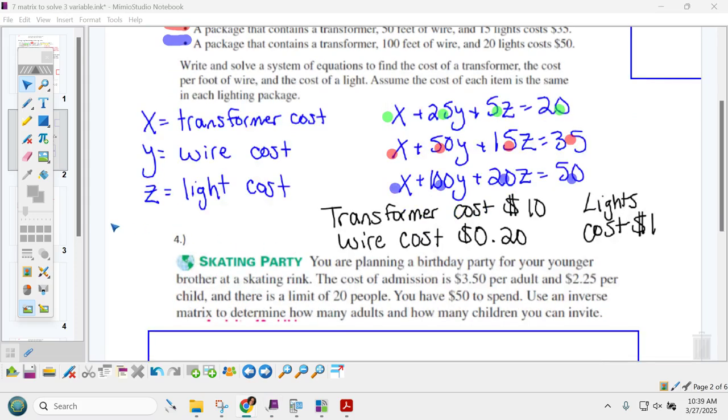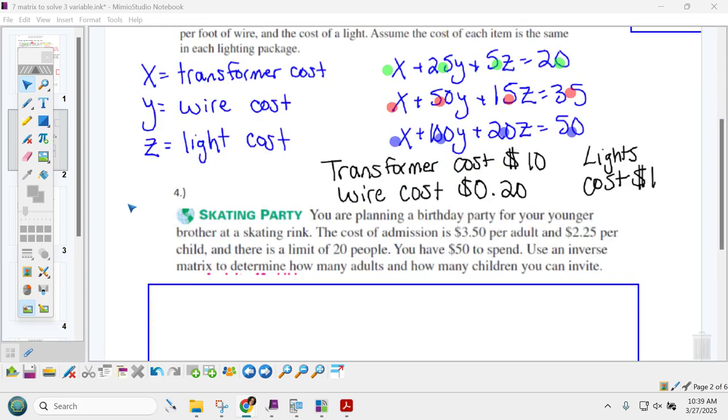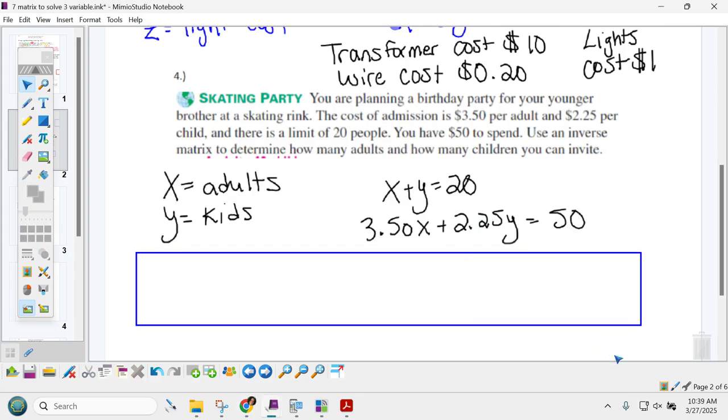All right, let's try number 4. What are your variables? What are your equations? All right. So for variables, I said X is the number of adults and Y is the number of kids. And I have a people equation.